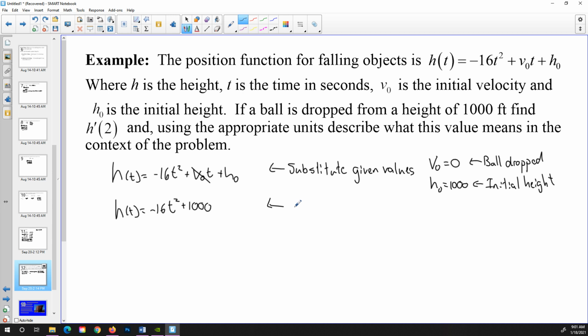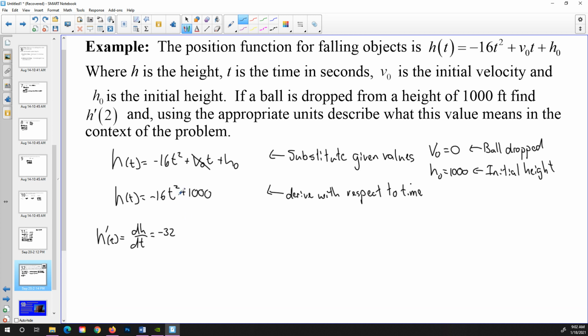Okay. So the first thing I'm going to do is I'm going to derive with respect to time. So that is technically, and again, we could write it as h prime of t, but we can also write this as dh over dt. And that will give me, and I'll do the derivative, so I bring the 2 down. So 2 times negative 16 is negative 32.